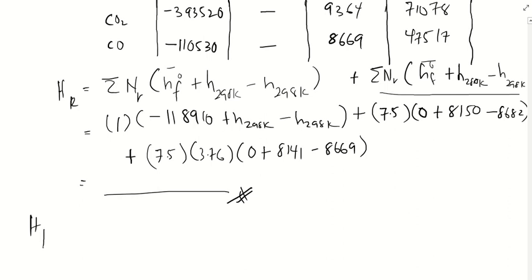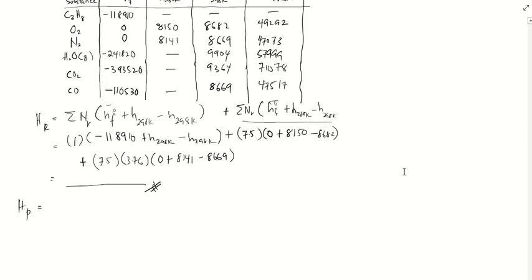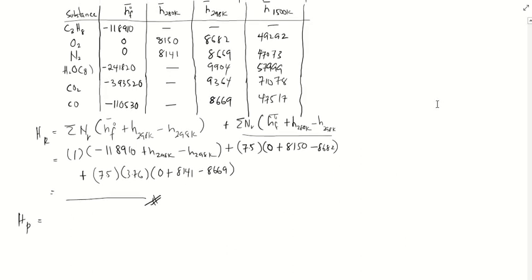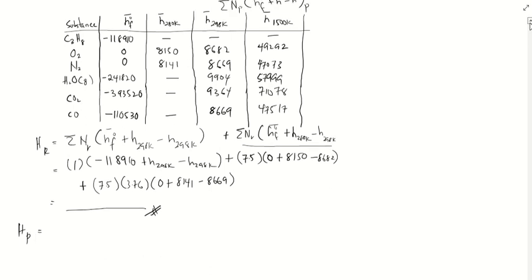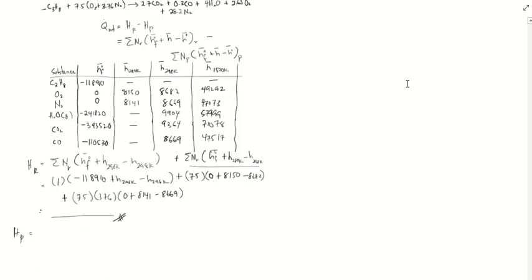So next is product. For product, we start with carbon dioxide. So this one is 2.7.